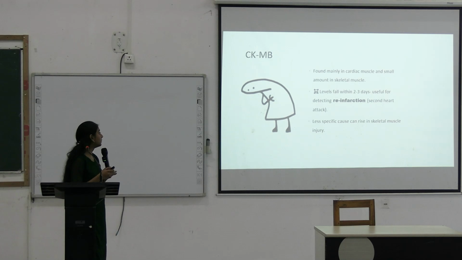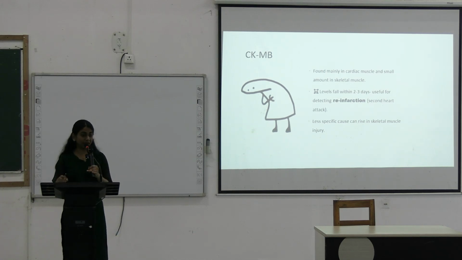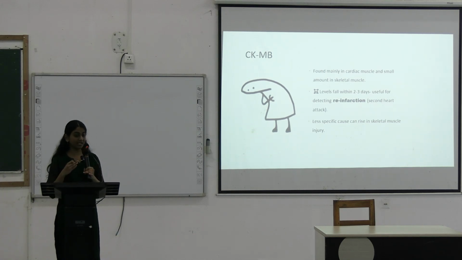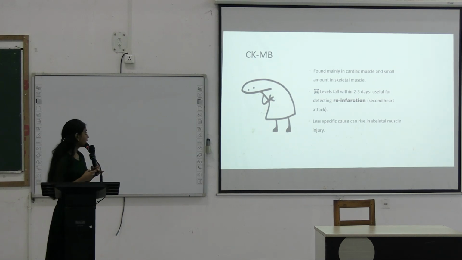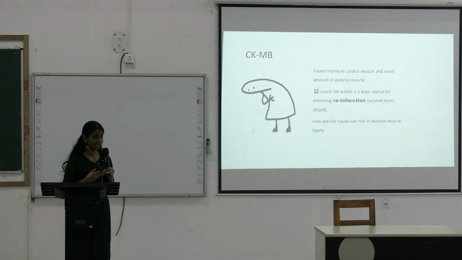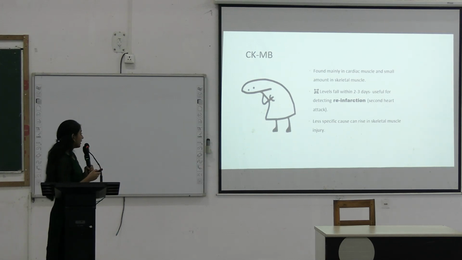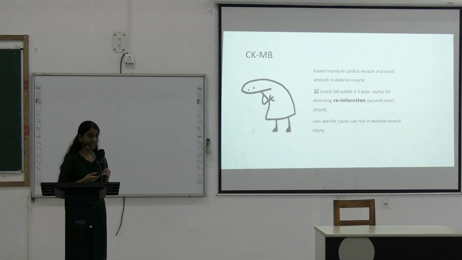Meanwhile, CKMB, that is creatine kinase MB, elevates early, goes back to normal range, and then starts elevating again whenever the reinfarction is about to happen. So that's how it helps in detecting cardiac reinfarction, that is, a second heart attack. It is less specific, as it may also rise in skeletal muscle injuries, since a small amount of it is also present in skeletal muscles.